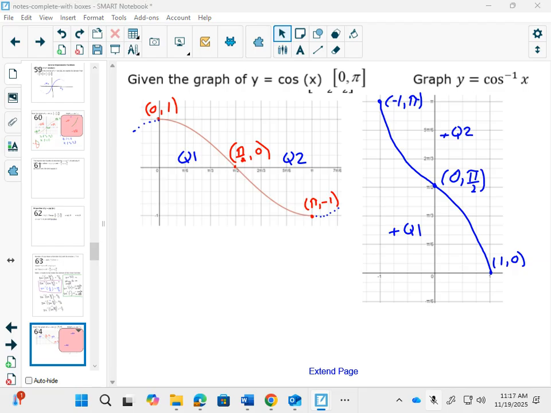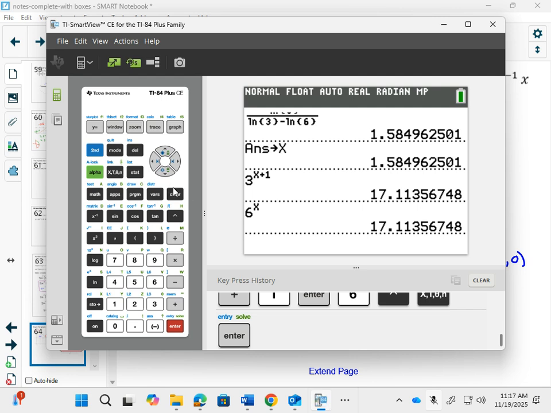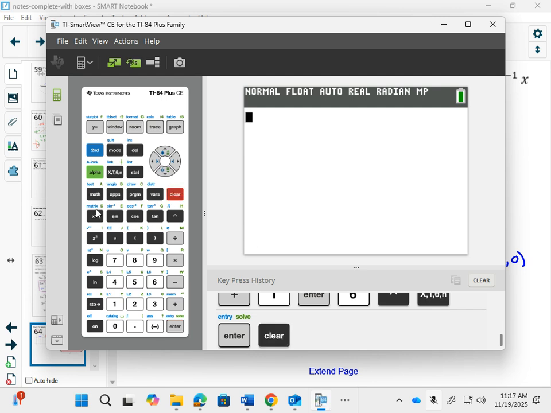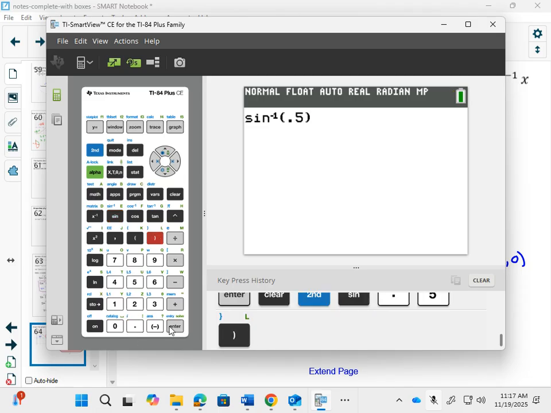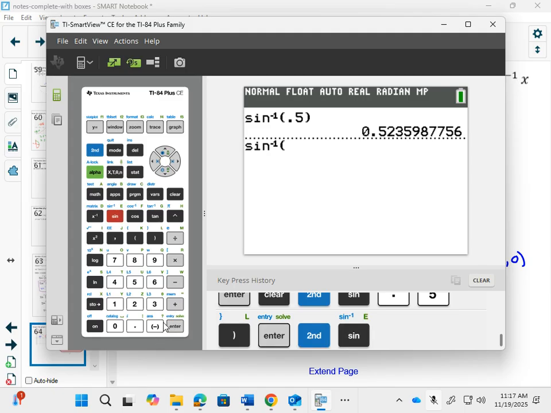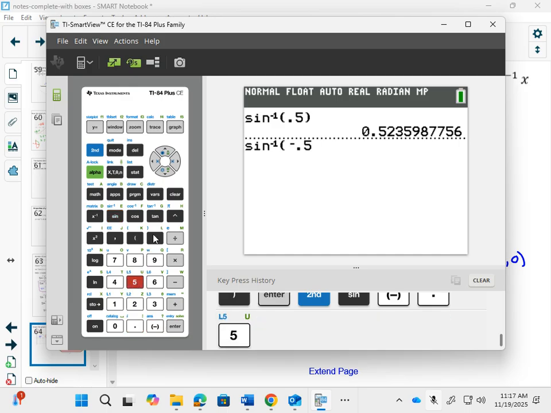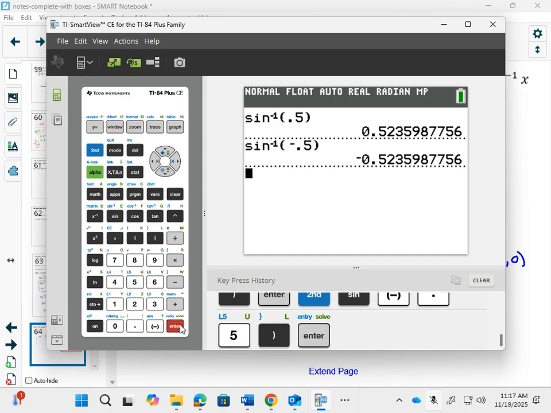Let's just go to our calculator and relive some grade 11 and grade 12. So you were finding your reference angle. And if you did sine inverse and you put in 0.5, you're like, okay, that's my reference angle. And if you did sine inverse and you accidentally put in negative 0.5, you were like, oh, it didn't matter, just ignore the negative.